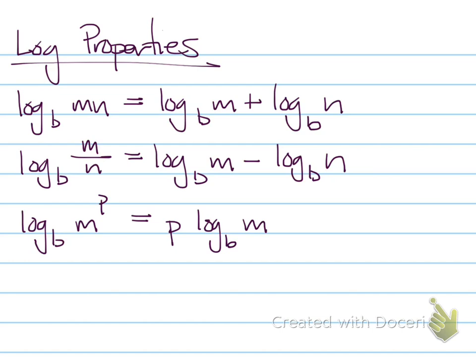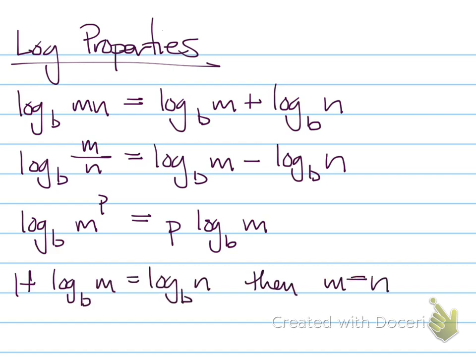And whenever you have log base b of m to the p power, that's the same thing as bringing that exponent down in front of the logarithm. And if log base b of m equals log base b of n, that means that m and n are equal.